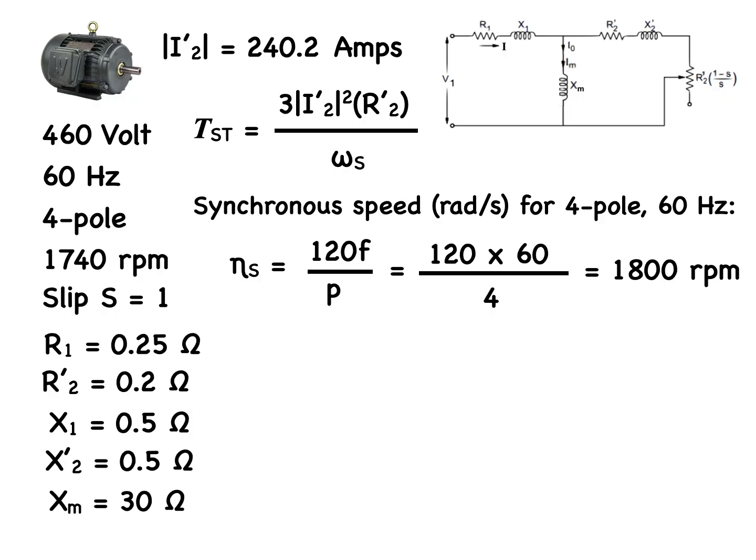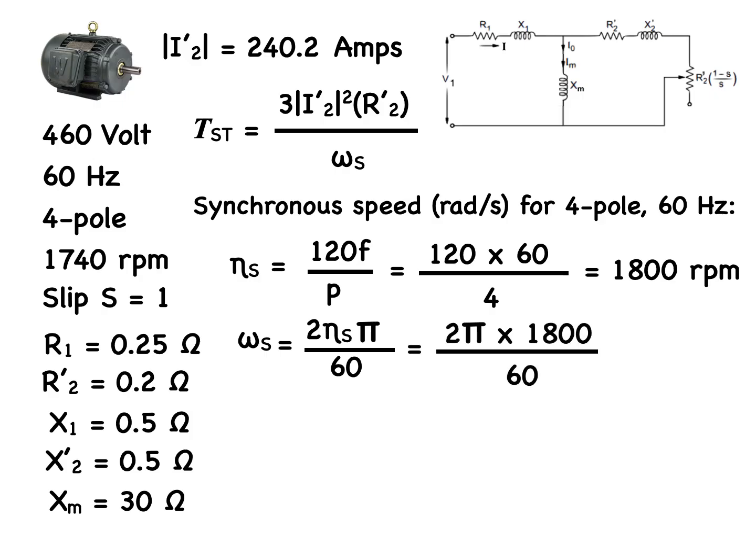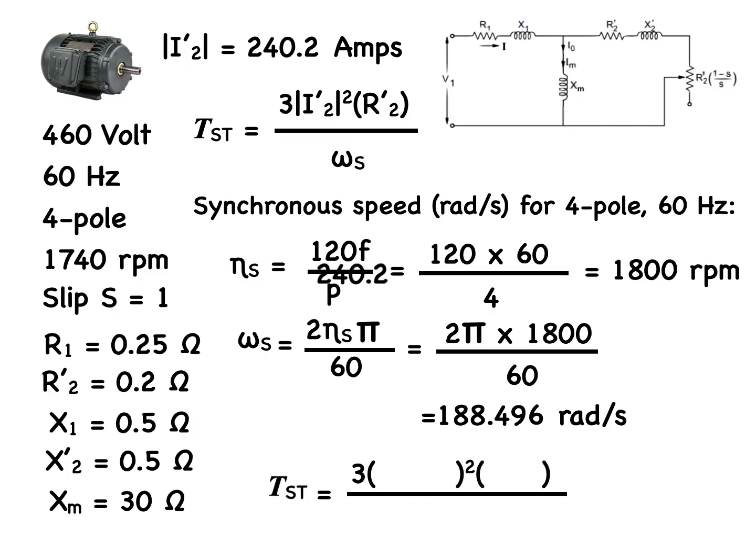We now need to convert that to radians per second, which is omega s, which may be found by equating it to 2 times the revolutions per minute times pi divided by 60, and that equals 2 times pi times 1,800 divided by 60. That equals 188.496 radians per second. The starting torque will now be calculated using the following terms to give us 185.2 Newton meters.